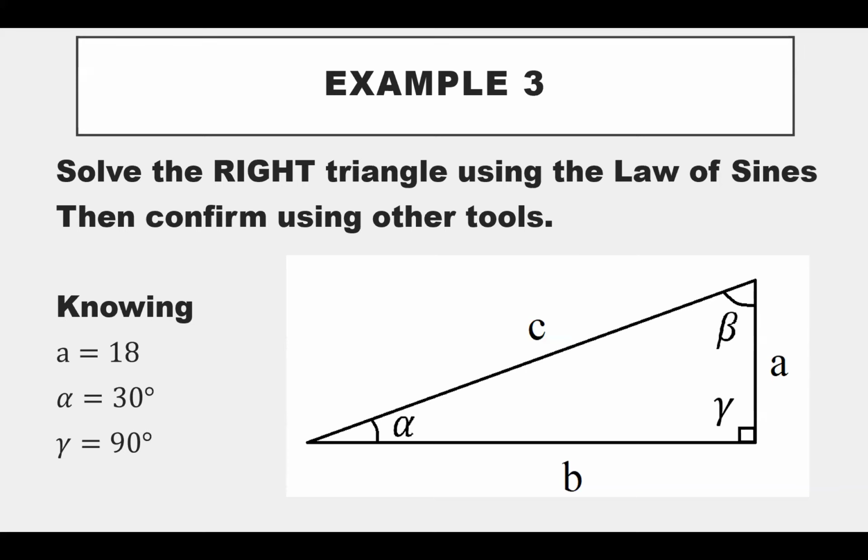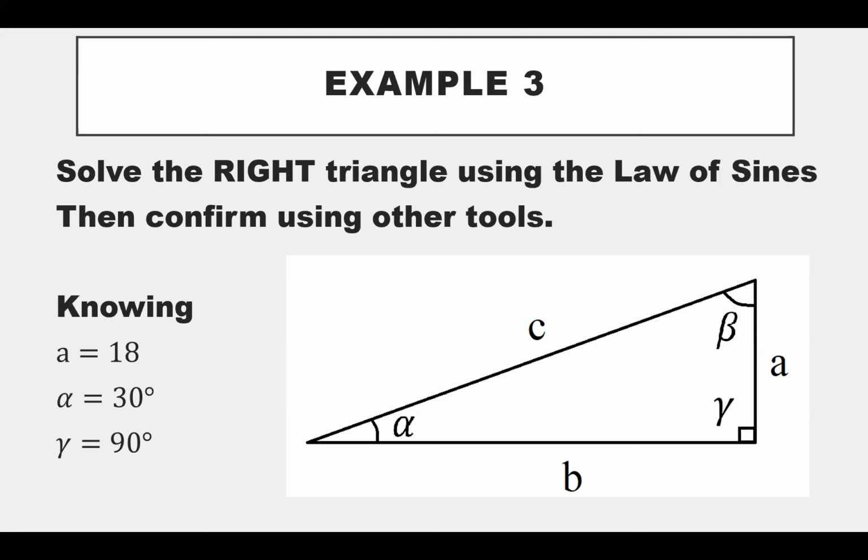Let's do another example using the law of sines, and then we'll confirm this example with other tools as well. So let's take a triangle whose side length a is 18, alpha is 30 degrees, and gamma is 90 degrees.